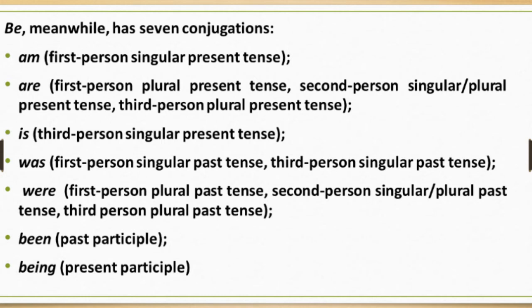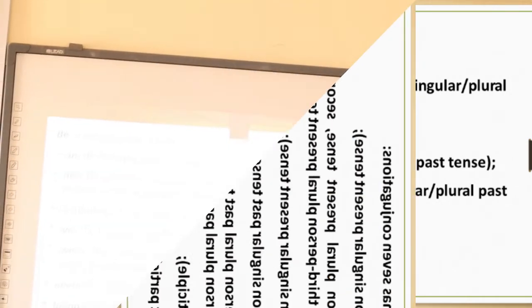We have is, used for the third person singular present tense, was for the first person singular and third person singular past tense, were used for the plural for first person, second person, and third person. Been is used for the past participle, being for the present participle.